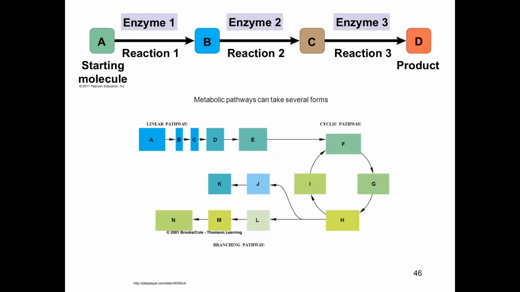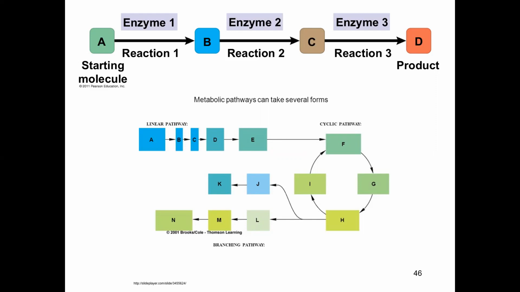We don't go over all of these in this class, all right? But I want you to keep in mind that each step of these metabolic pathways that we use, and we're going to talk about making energy, involves a reaction, and each of those reactions requires an enzyme.